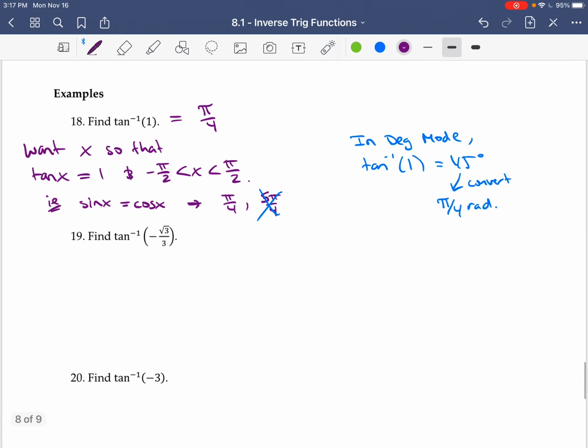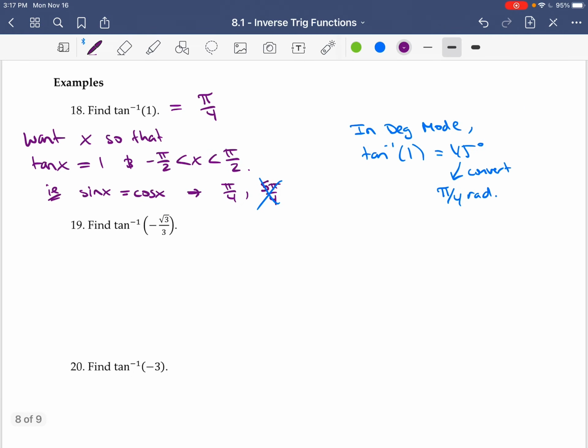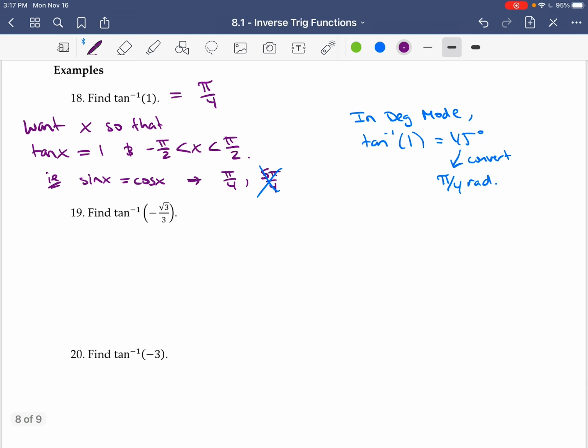So here's a couple of tangent ones. Here we want theta so that tan of theta is negative root 3 over 3, and theta has to be between negative pi by 2 and pi by 2, because that's the restricted domain for tan.